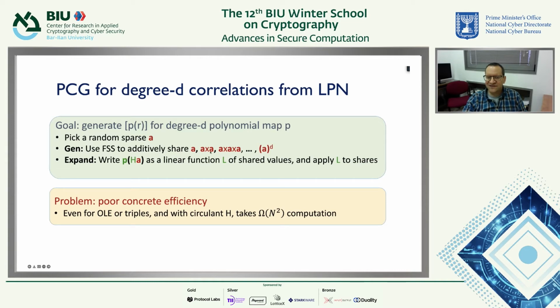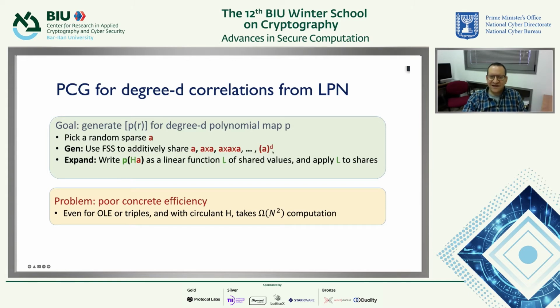What this tensoring means is just the vector of all pairwise products: A tensor A is the vector of length n squared that contains all products of the form AI times AJ. It is less sparse than A. So if A has a Hamming weight W, then A tensor A can generally have Hamming weight W squared. But still, if we think of W as being a security parameter or even smaller in some cases, then A tensor A can be practically feasible. Beyond that, it's becoming less and less feasible.